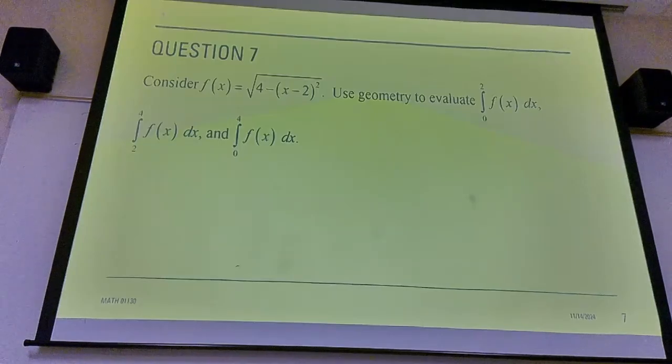So let's integrate the square root of 4 minus the quantity x minus 2 squared. What kind of shape is that?